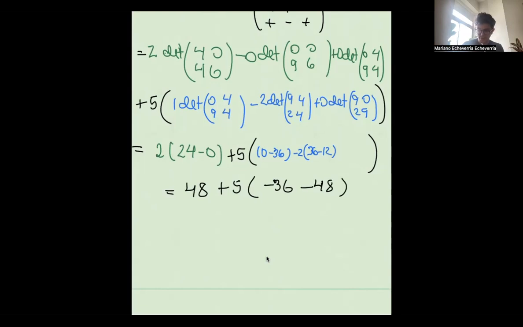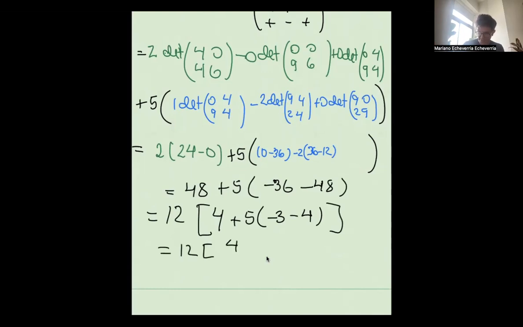Yes, yes. So here, obviously, try to choose smaller numbers, but if you want, you can factorize a 12 just to make the arithmetic easier because everything has a 12 in here. So this is minus 3 minus 4, and now it looks a lot better. So it's 12 times 4, and then this is minus 7, which this 5 is minus 35.